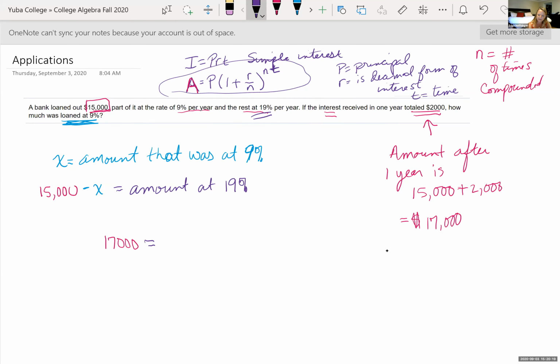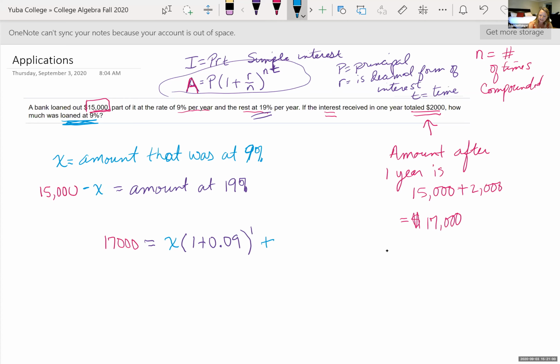We said X dollars is in one, so X all times 1 plus the interest, 0.09, all over the number of times a year, which is 1, raised to 1 since it was only invested for 1 year. So that's the amount back from the one account.